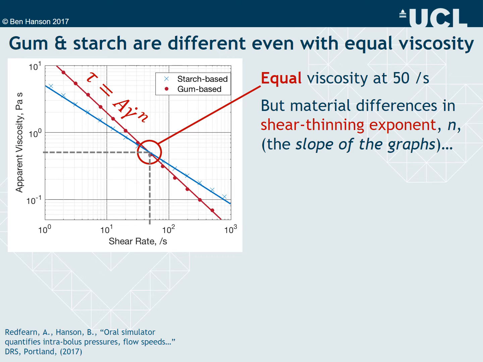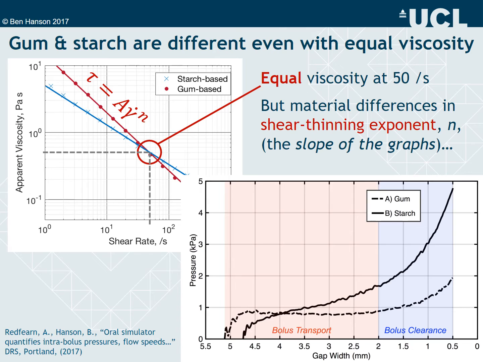So we put those liquids in the simulator and found that gum behaved differently to starch, as you may expect. Now, if you look at the viscosity graph on the top left, you'll see that those two liquids have different slopes. The gum-based liquid has a steeper slope. That means it's more shear thinning.